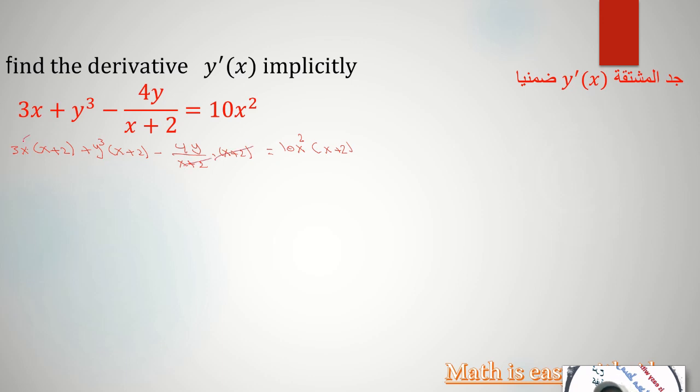Now multiply by distributive: 3x times x, 3x squared, plus 3x times 2 is 6x, plus y cubed times x, it will be xy cubed, y cubed times 2, it will be 2y cubed, minus 4y.